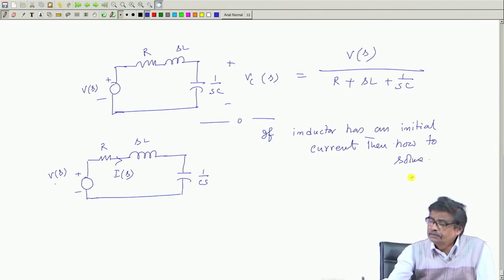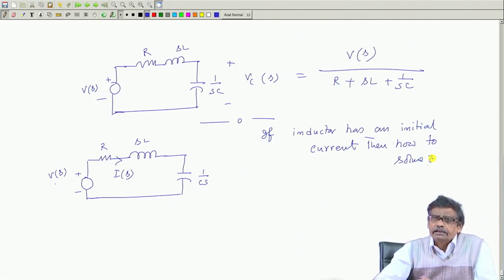How to solve means the answer is known. Okay, then write down the differential equation, take the Laplace transform, initial condition terms will be taken care of, you know. Laplace transform of dx dt is s into X s minus x 0 and so on.